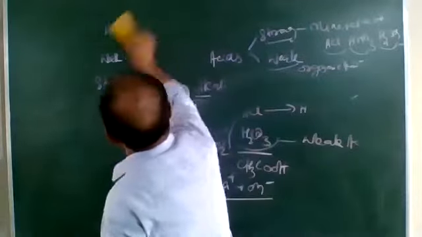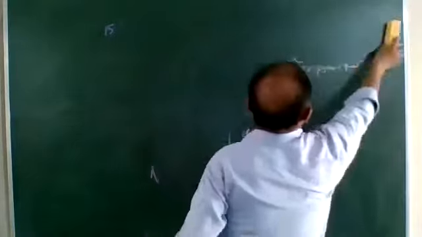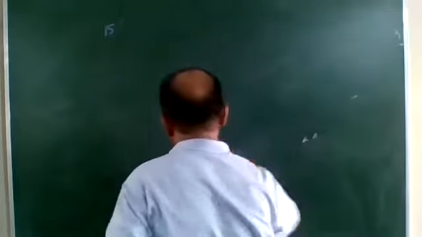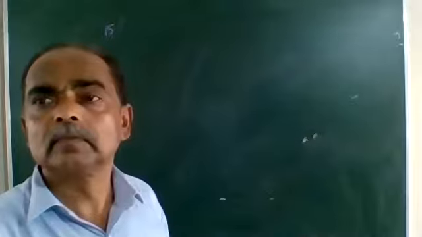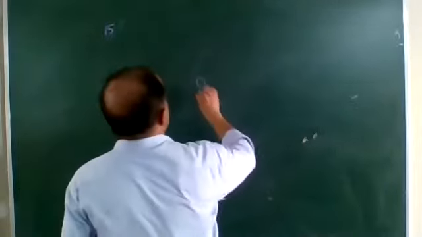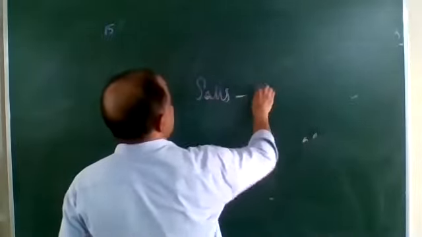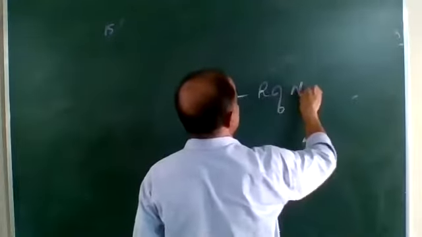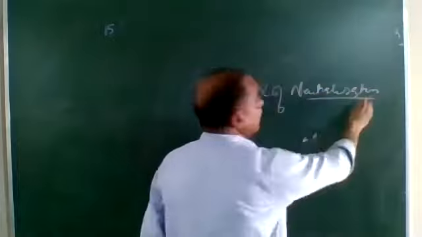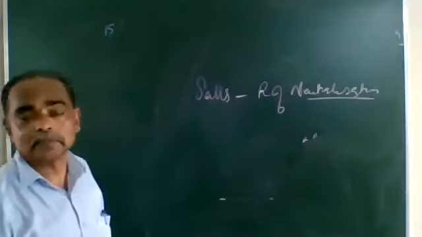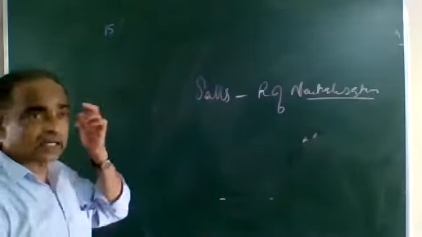The next one: salts are obtained. The salts are obtained by the reaction of neutralization. We studied that earlier. When an acid is reacted with a base, we get a salt. So now understand it.